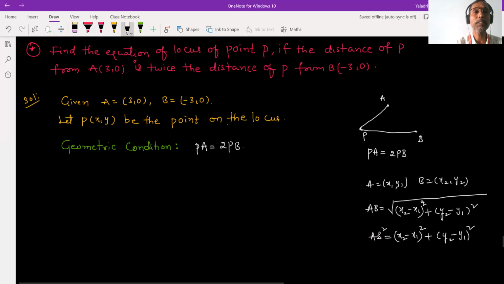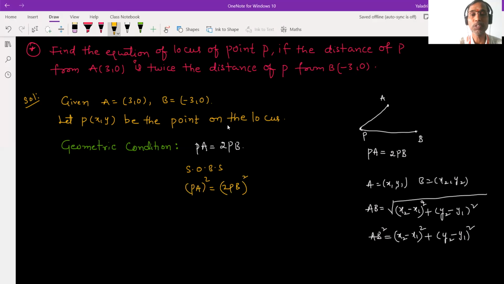Now here I write, squaring on both sides. So PA whole square is equals to 2 PB whole square, which is 4 PB whole square. Now apply the distance formula, the distance between the 2 points.